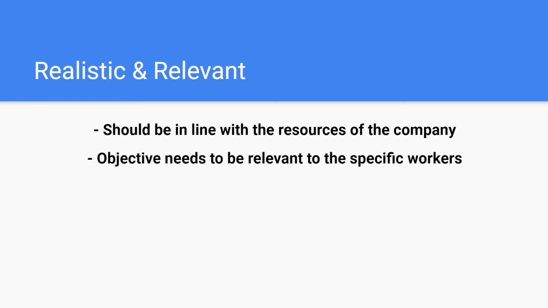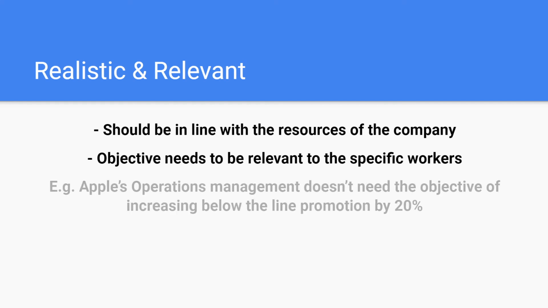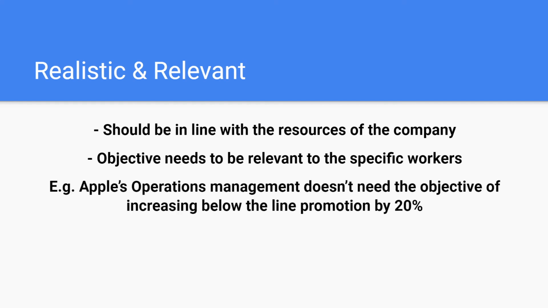And then relevant, the objective needs to be relevant to the specific workers. For example, in Apple's case, an operation management employee does not need to know the objective that says they should increase their below the line promotion by 20%. That makes absolutely no sense.